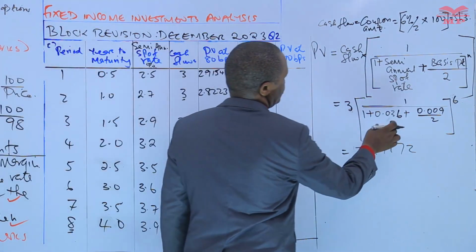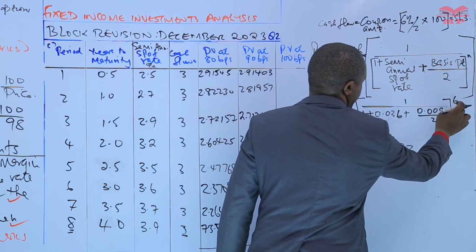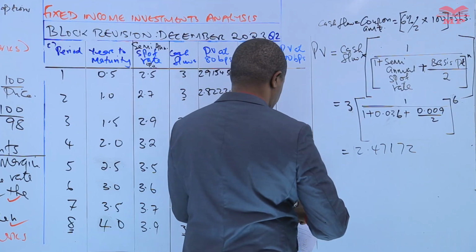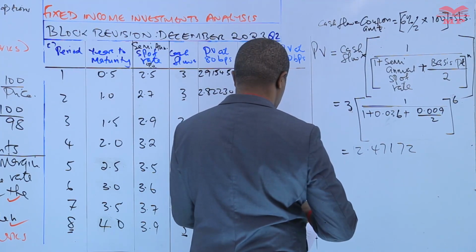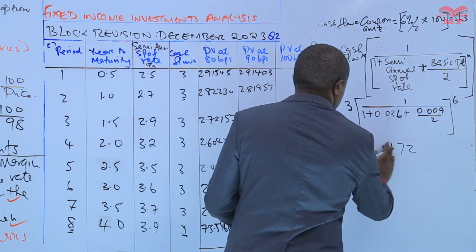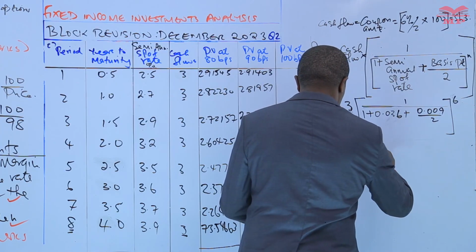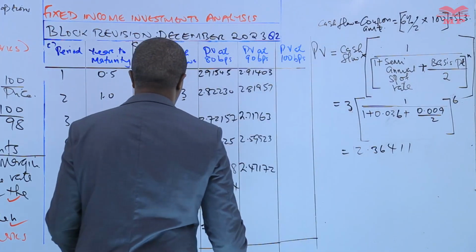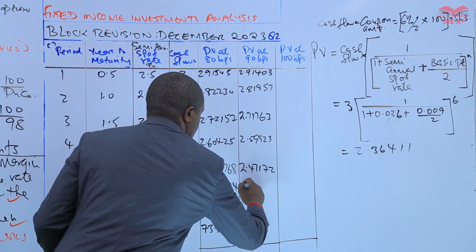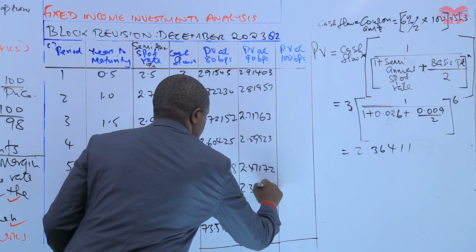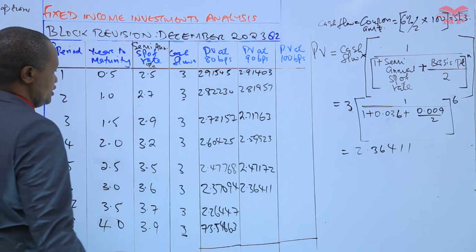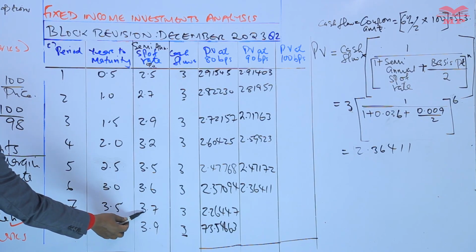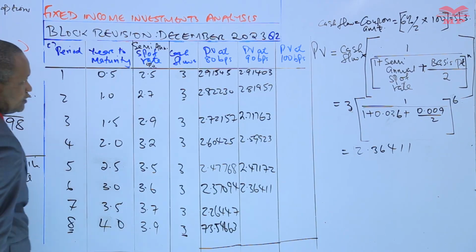I'm only changing the semi-annual spot rate and the period. At year 6, we have 2.36411.